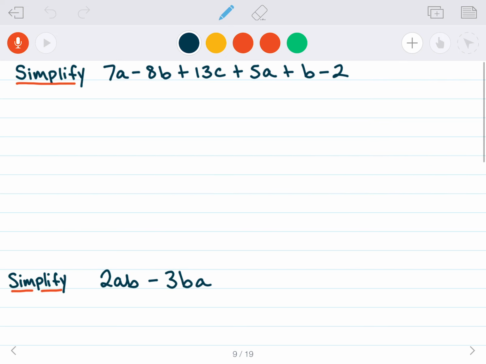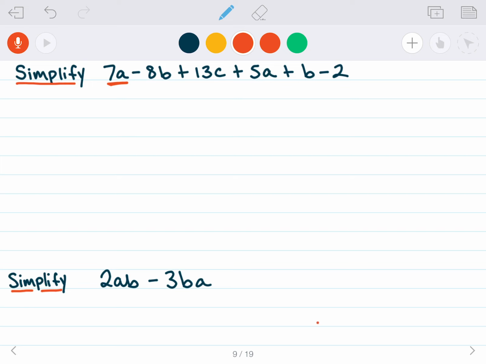Let's do some more examples here. So again, I'm going to just underline my like terms in the same color. So I'm going to start with 7a. That's a term. It's all stuck together with multiplication. Do I have any other terms that are like the red term? Any other terms with the same variable a and the same exponent on a, which is 1?